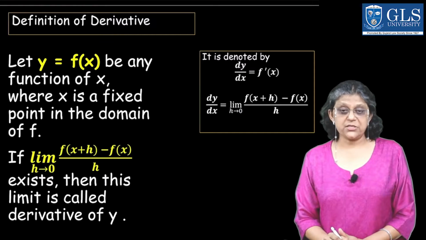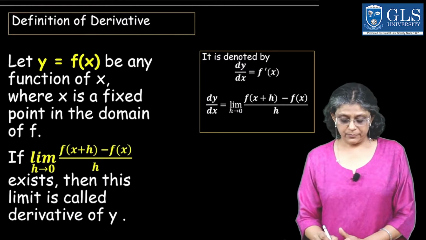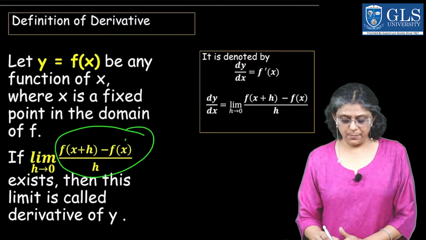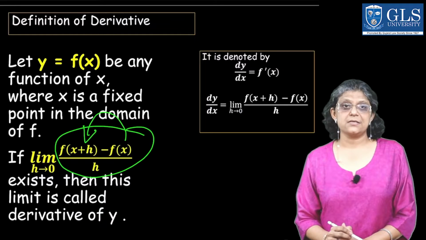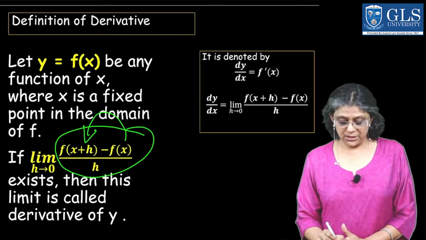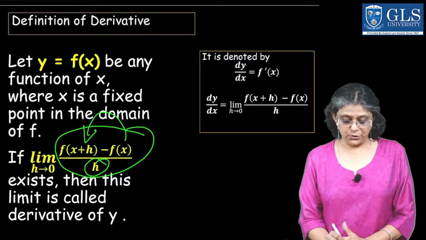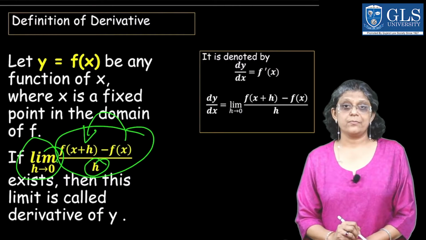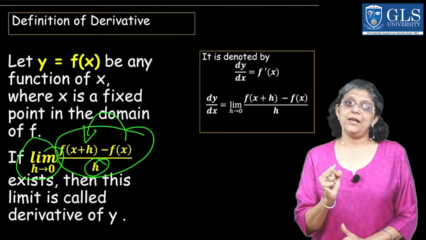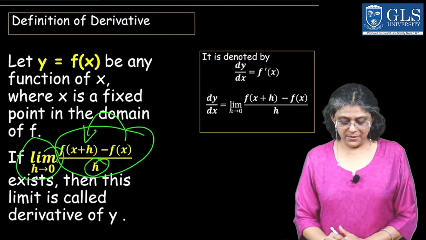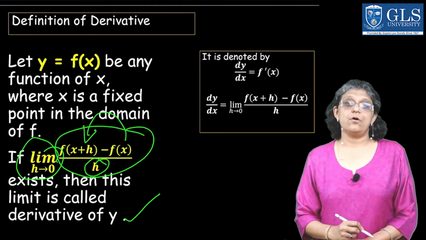If limit h tends to 0, there is a change from x to f of x, and that incremental change is y. If I assume that change to be 0, I get a particular value, and this limit is called the derivative of y.